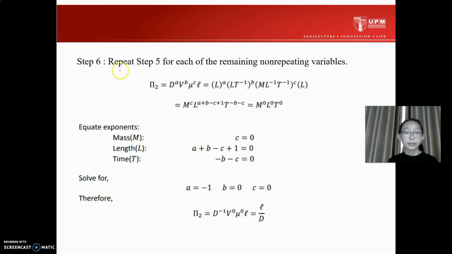So step 6: repeat step 5 for each of the remaining non-repeating variables.